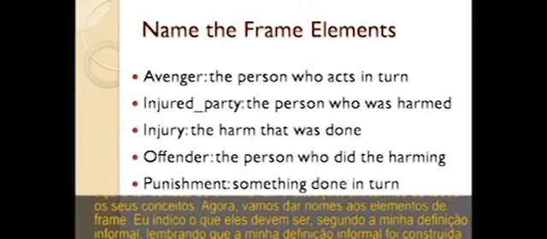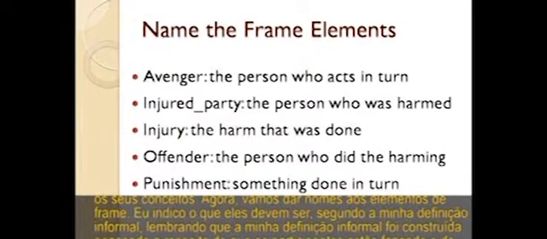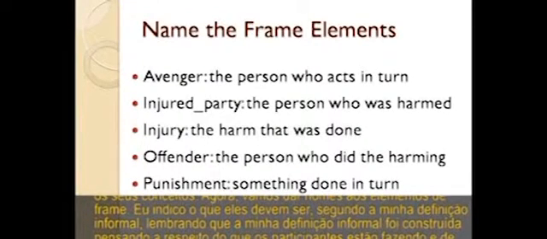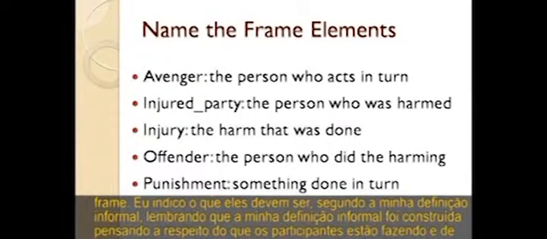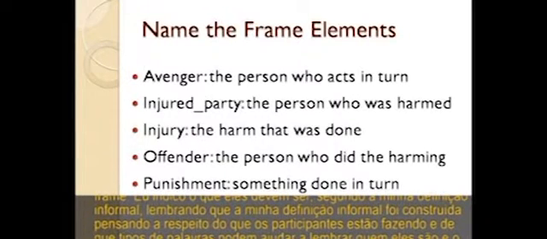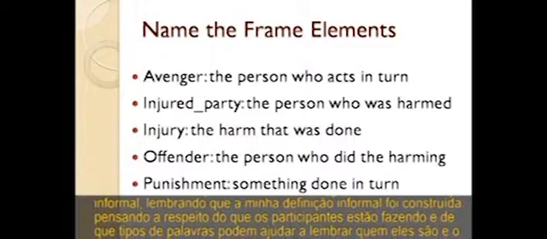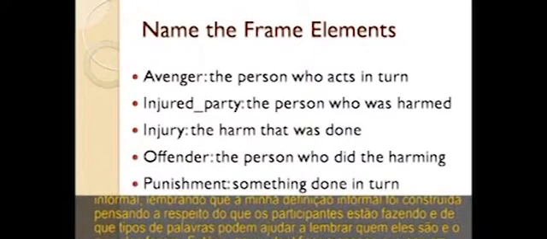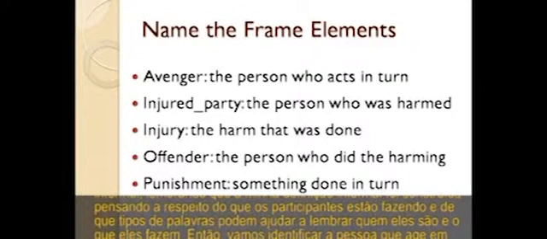Notice that we choose names that are specific to the frame, and we're not drawing from a standard list of thematic role names. We don't think that's useful. Not the least of which is because we would need many more thematic roles than are in the standard list.